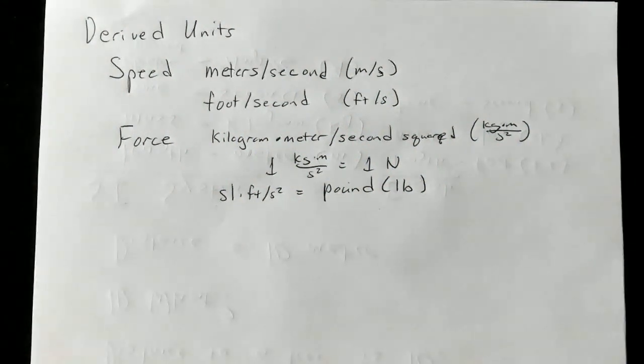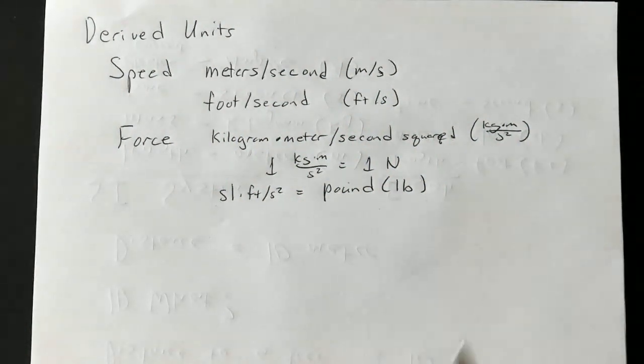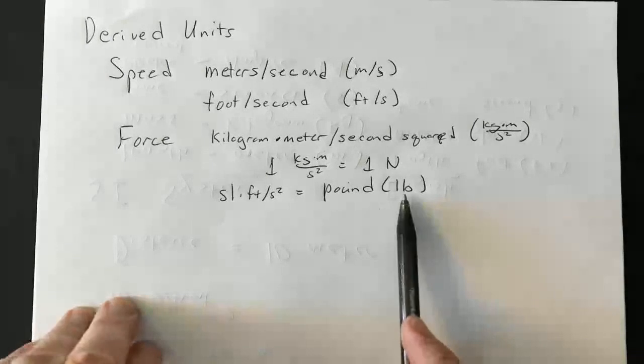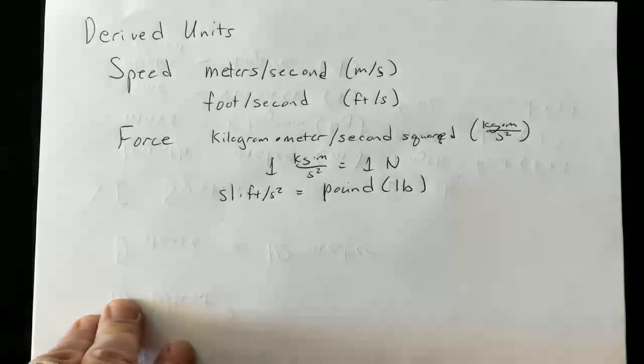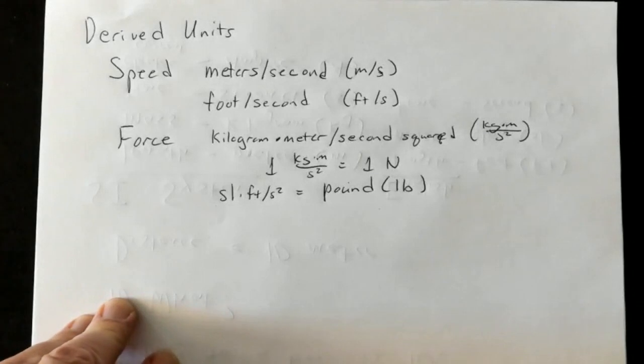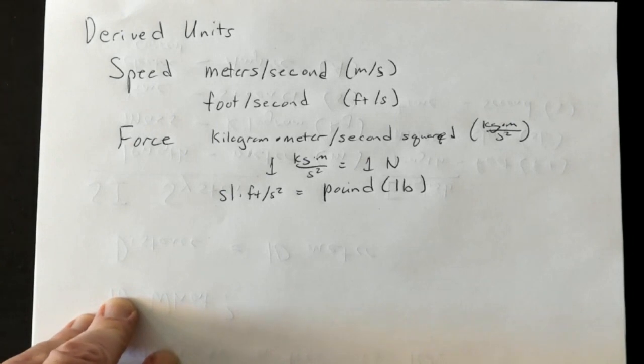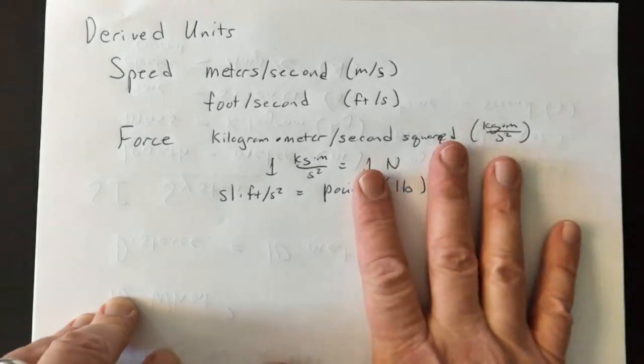The constellation Libra is the scales, so that's where LB comes from. Sometimes these abbreviations seem weird because they come from foreign languages. So these are what we refer to as derived units.